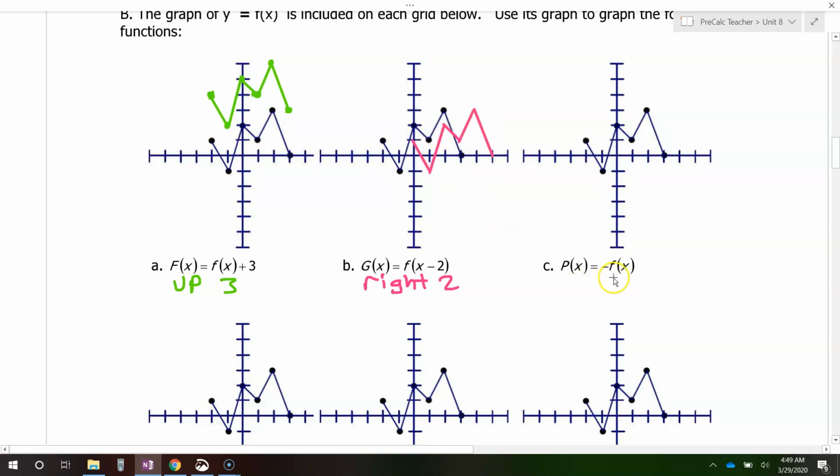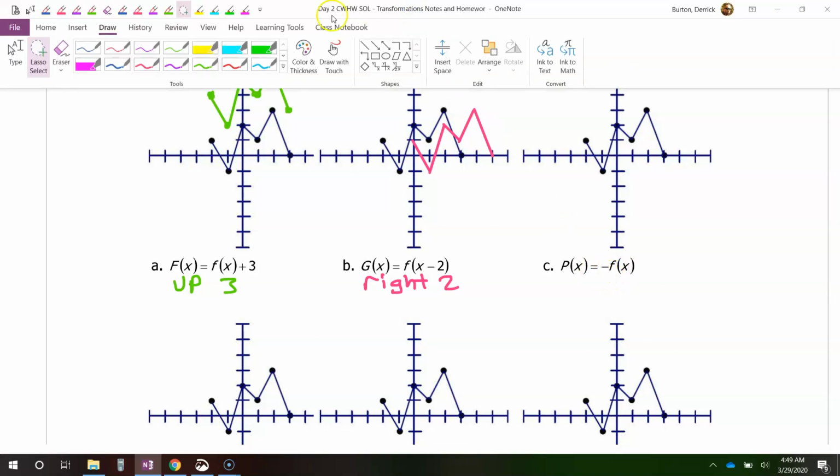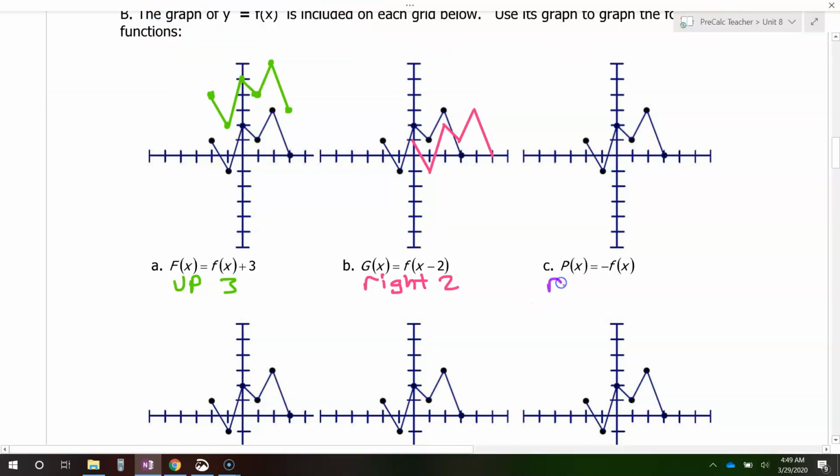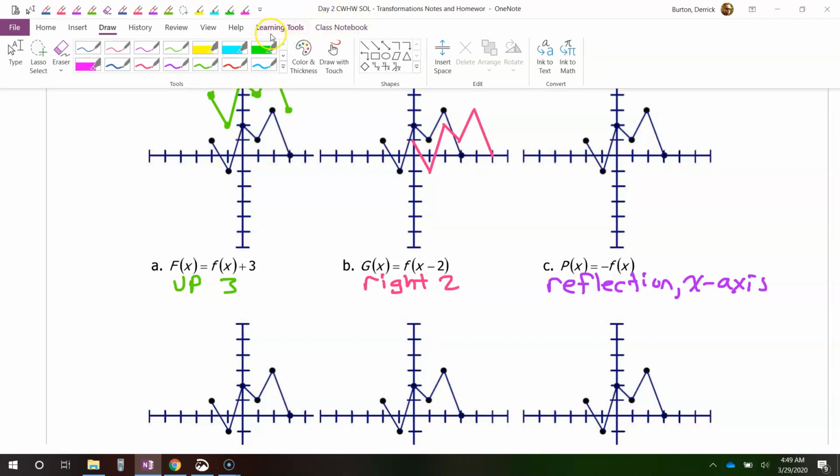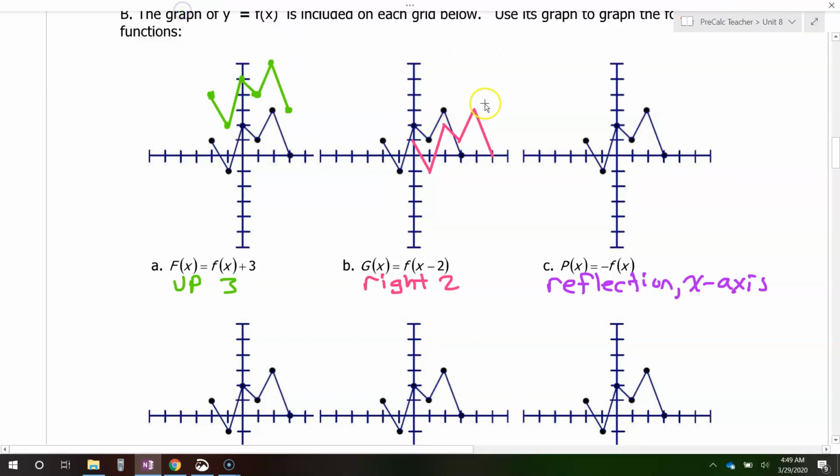Great. Now, this one is a reflection over the x-axis. So this thing needs to be turned upside down. I'm not sure if that can be done in a cheating fashion, but I'm going to try.